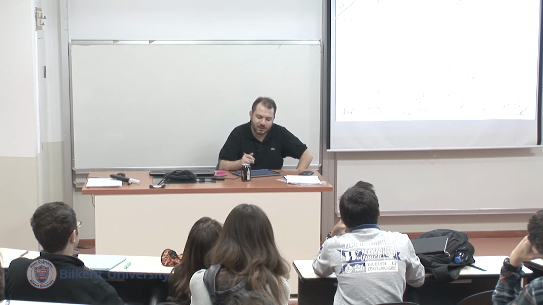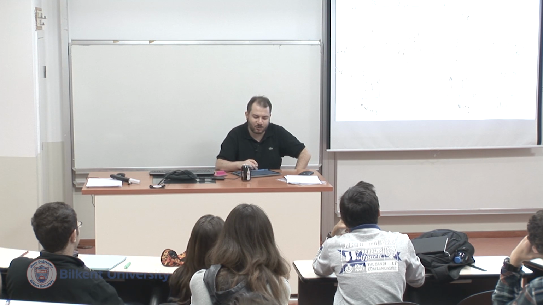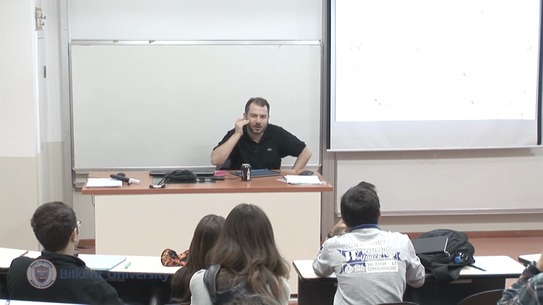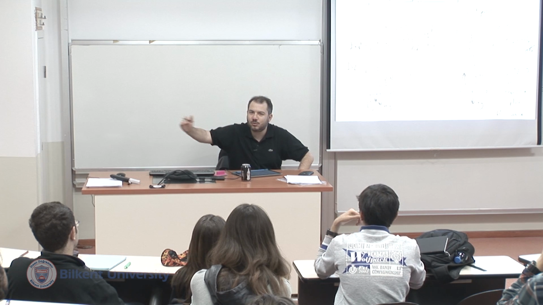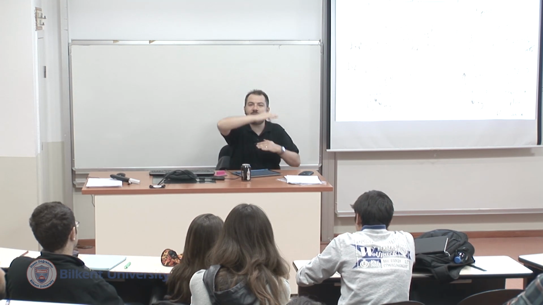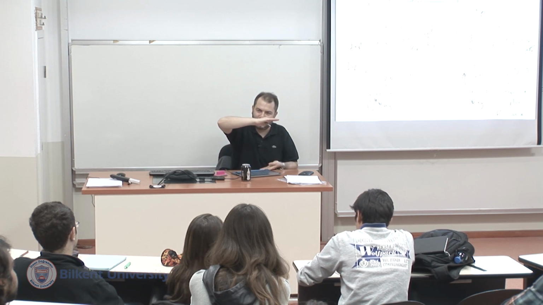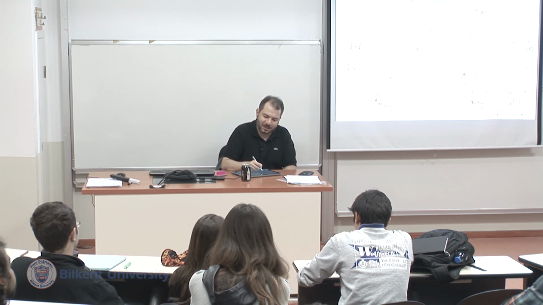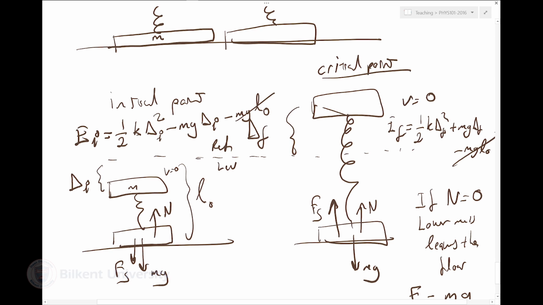Then I have the gravitational potential energy. Gravitational potential energy is measured with respect to a reference level, and I can choose the reference level at any level I want, right? So I'm choosing it to be at the relaxed length of the spring, which means both of my masses are below that reference level. So I have minus mg delta I for the initial. Okay, good.